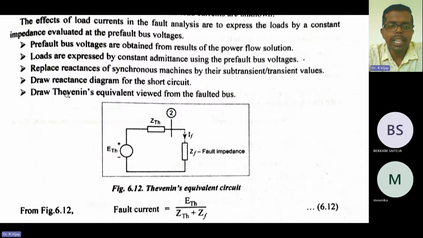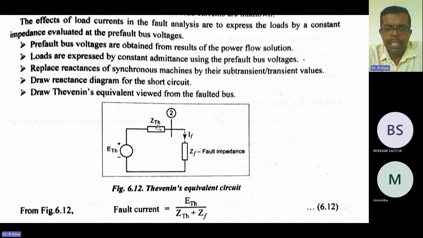Next, we need to draw the Thevenin's equivalent viewed from the fault bus. As we discussed previously, all the voltage sources are replaced by the single equivalent voltage source, that is, the Thevenin's voltage source, as well as the Thevenin's impedance. All the impedances are replaced by the equivalent Thevenin's impedance, and we also need to identify where the fault happens.